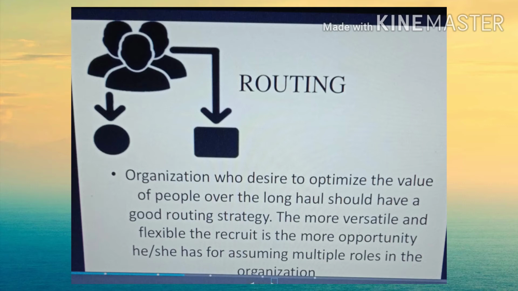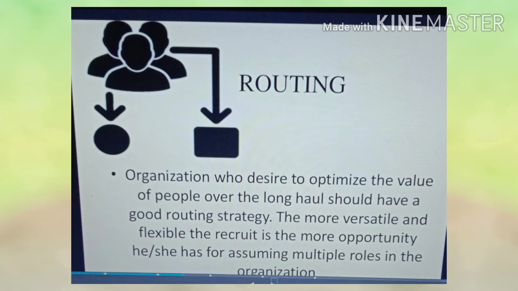The more versatile, the more relevant and applicable the recruit's intelligence, using the theory of multiple intelligences. The more vertically and laterally mobile the recruit would be, and the more pronounced the leadership qualities of the recruit are, the greater the human resources returns would be for the organization.